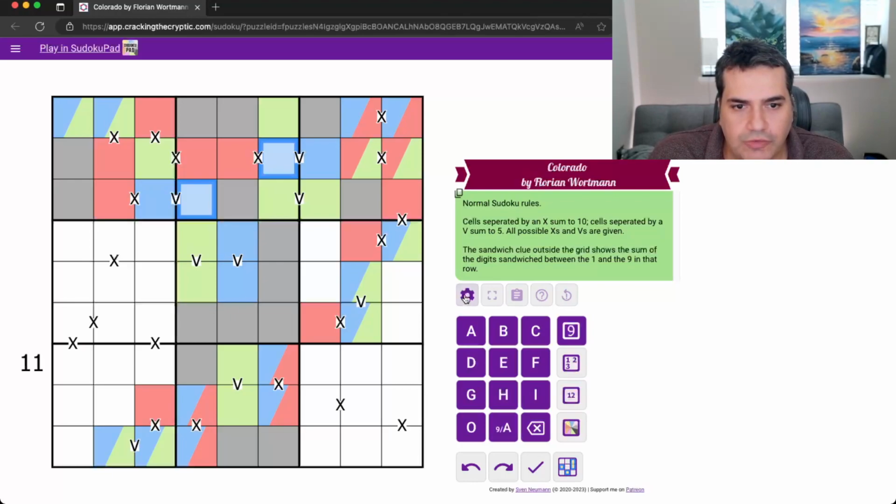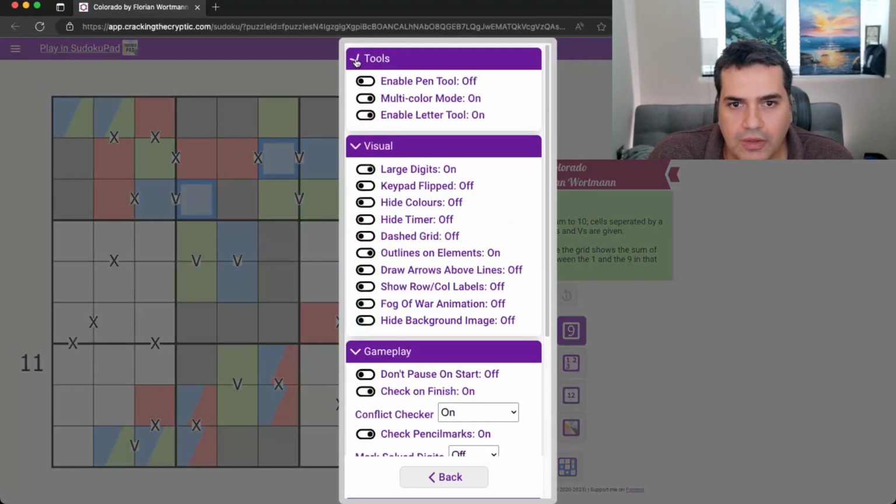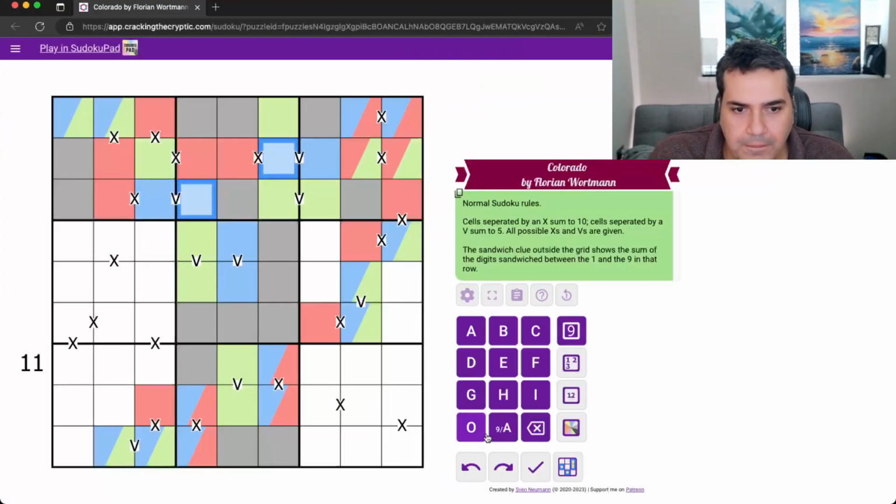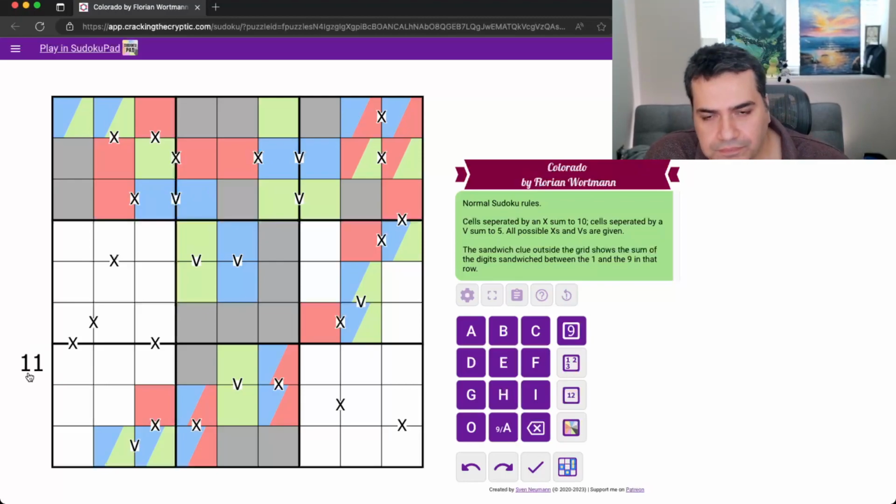So in the software, if you hit here on options, under the tool section, you'll see enable letter tool on. I have mine on. And essentially it allows you to put letters into the grid instead of numbers. And I'm using letters here just because I don't know what the numbers are. I suspect we're going to need to use this sole clue that we have in terms of digits at the end to disambiguate the whole grid.